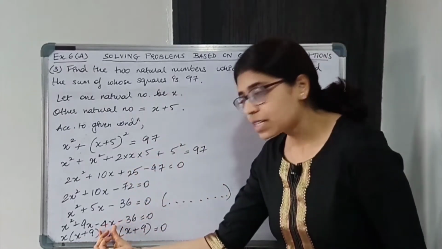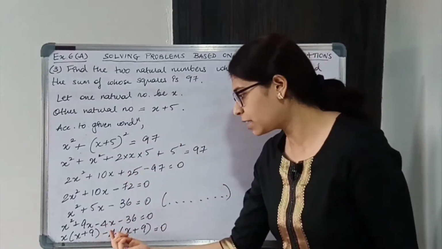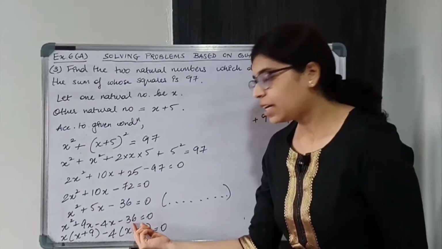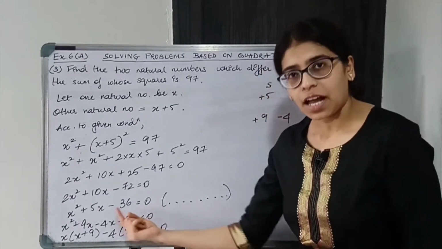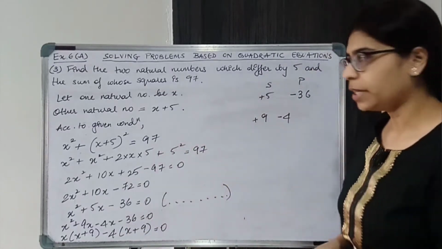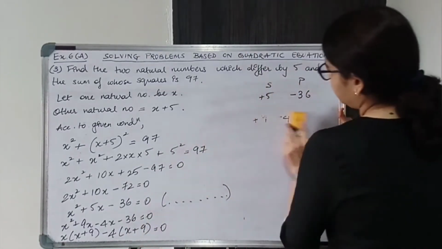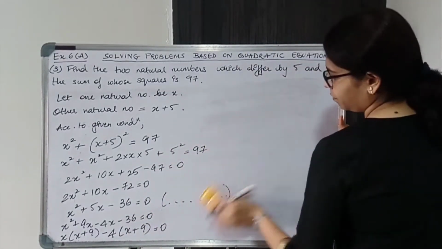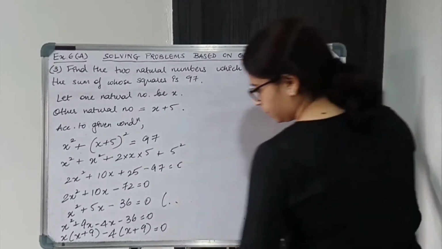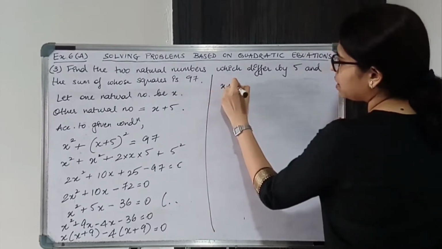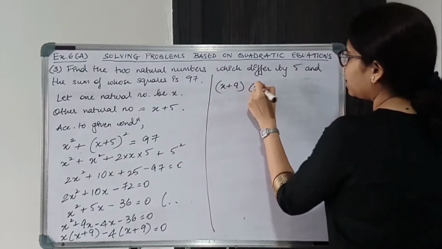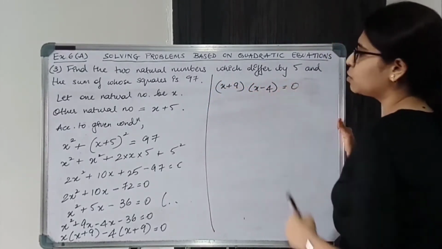So minus 4x was there, 4 went out, minus also went out, x remained. Here, 4 into how much? 36. 4 into 9, and negative will become positive. So x plus 9 into x minus 4 is equal to 0.